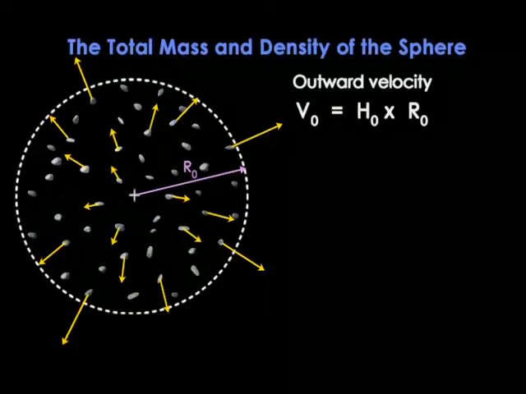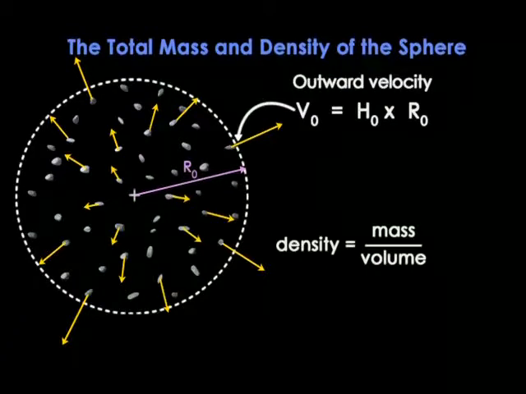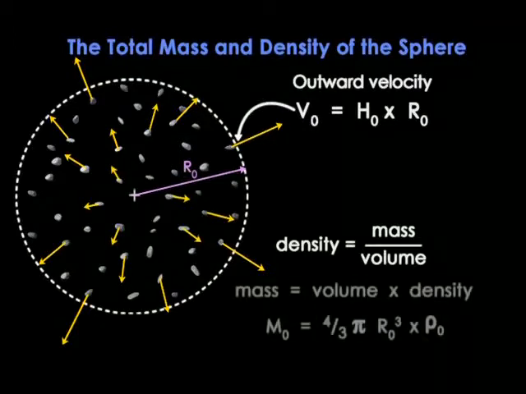So the outermost rock has outward velocity v0, which equals H0 times r0, where H0 is a Hubble constant that defines the initial velocity pattern. Also, since density is simply mass over volume, we have an expression for the total mass, M0, of the rocks. It's just volume times density. That's 4/3 pi r0 cubed times ρ0, where ρ0 is the average density within our sphere.